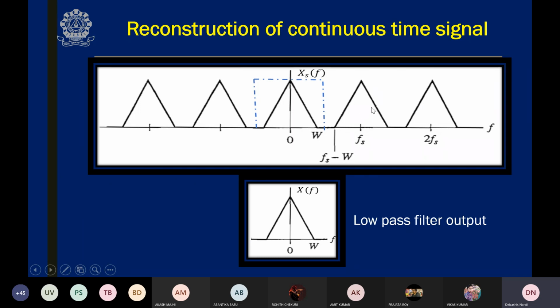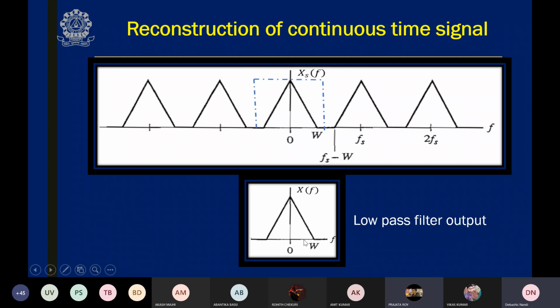Therefore, you will get some distortion in the resultant output signal. So the design of the filter is a very important thing. What the bandwidth of the filter should be will be determined by observing the bandwidth of the original analog signal. Based on that, you can design it.